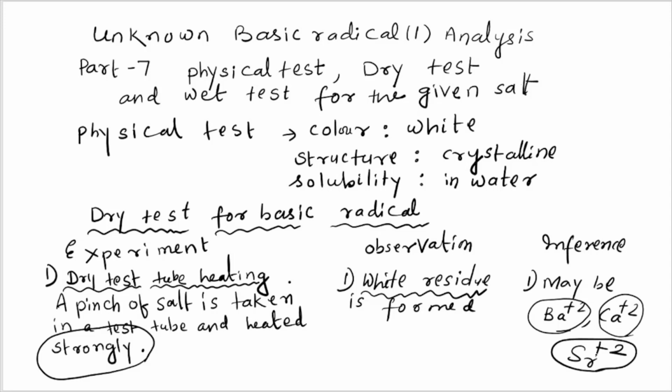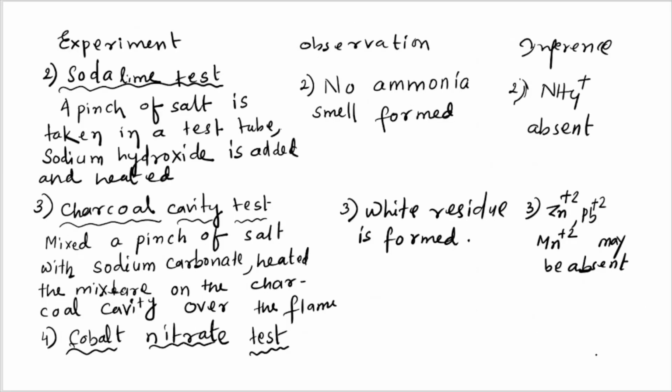Next we proceed to another dry test. Remember, in the dry test so many tests are there. Number 1 is dry test tube heating, and the second one is the soda lime test. This soda lime test is very important for ammonium salt. When you do the soda lime test, if it is a positive test, an ammonia smell comes from the test tube, and surely it is ammonium.